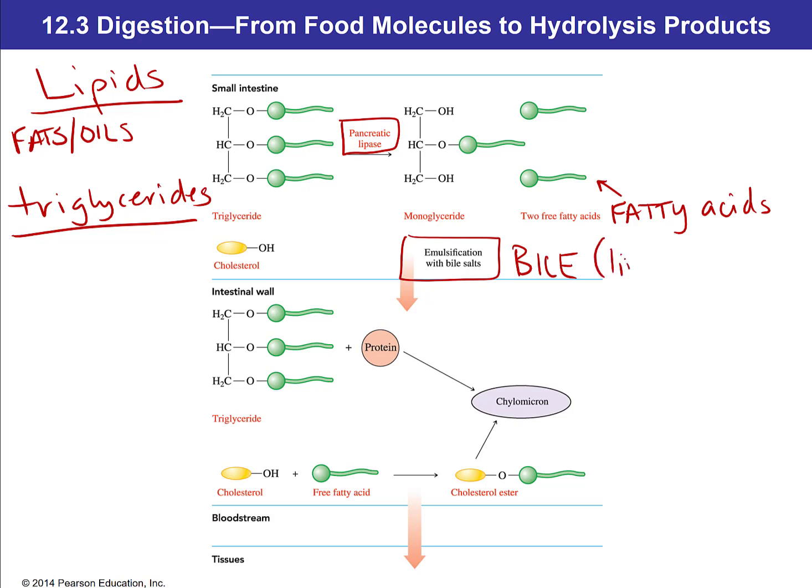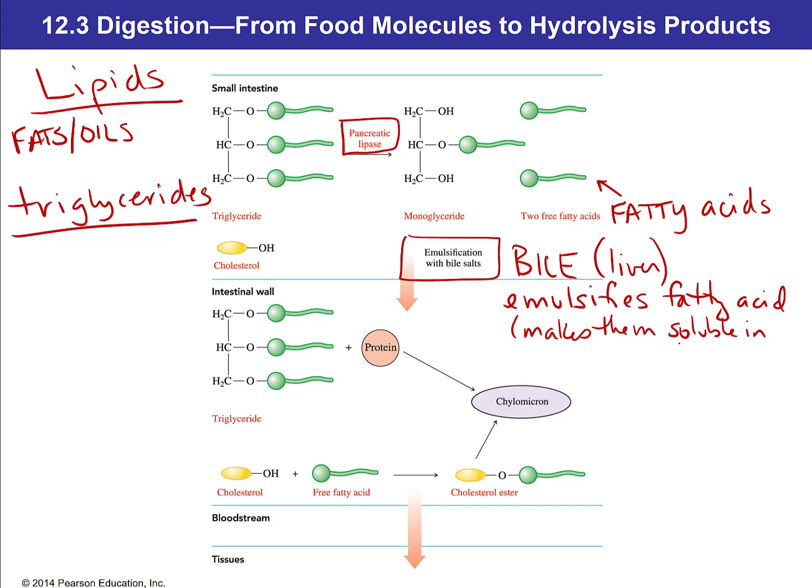Bile is secreted by the liver, and it does what's called emulsification. So it emulsifies the fatty acids. It coats the fatty acids, and it makes them soluble in water. And then they can get absorbed into the blood.